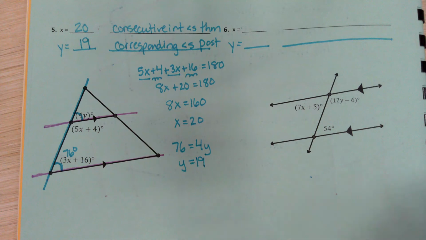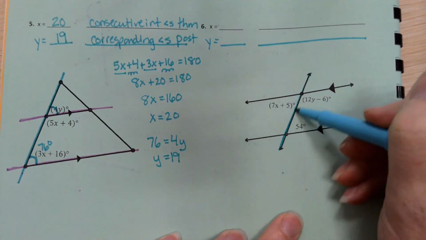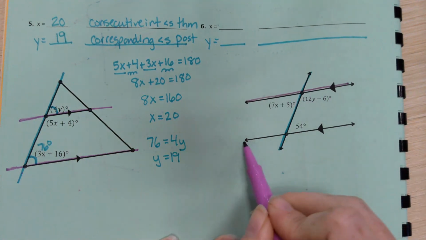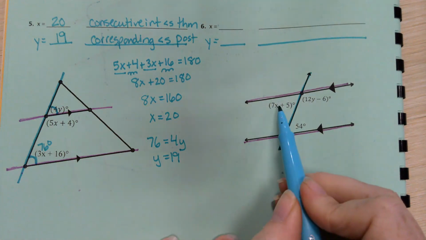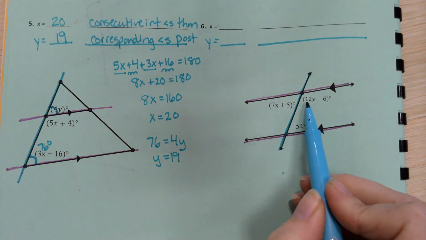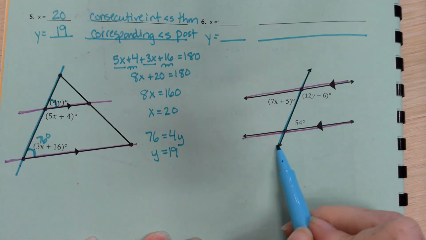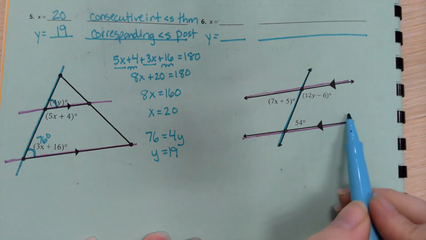All right, the last one. Here's my transversal, crossing over my two parallel lines. So if I start with the x, I don't really want to think about x and y together in an equation, so let's go with x and 54. Those are on alternate sides of the transversal, but they're both interior, trapped between the parallels.